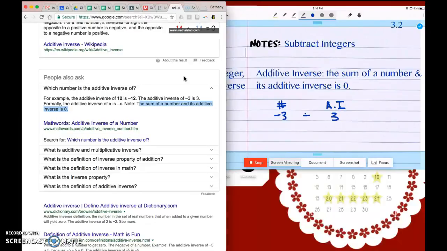If we add those together, I have 3 negatives and 3 positives, and this will equal 0. The other one says the additive inverse of 12 is -12. If we add those together, 12 positives and 12 negatives will also make zero pairs. Okay? So I hope that clears things up.